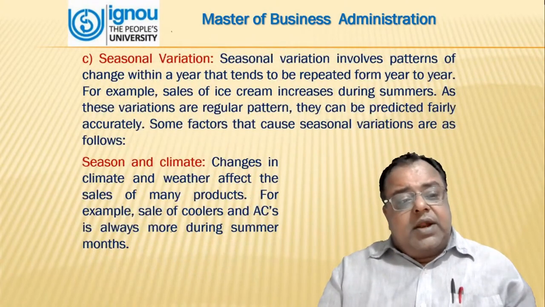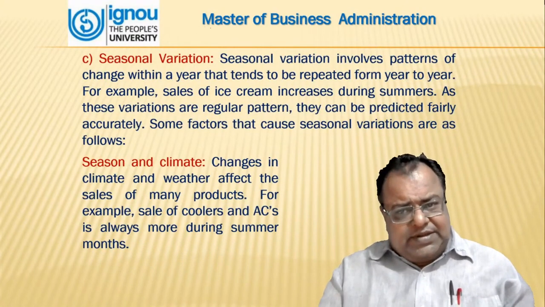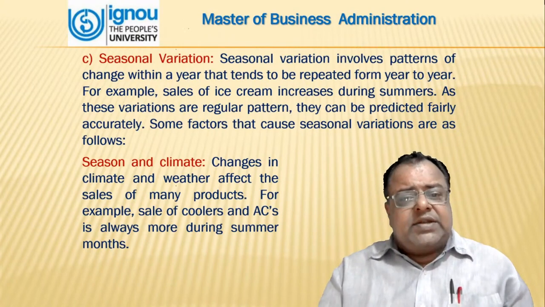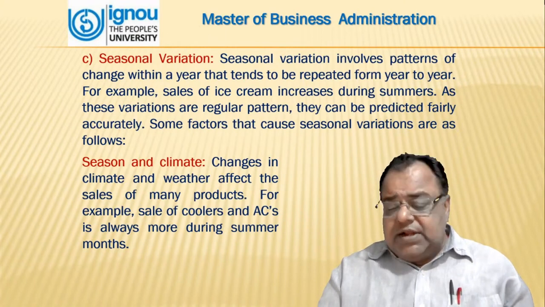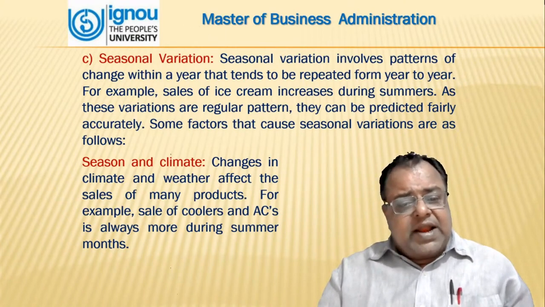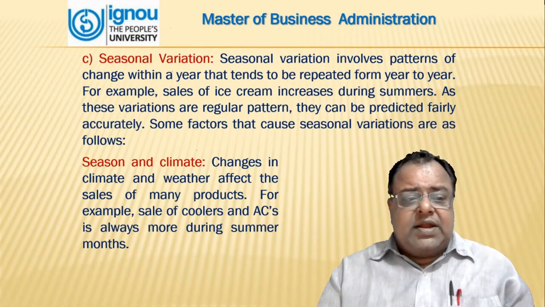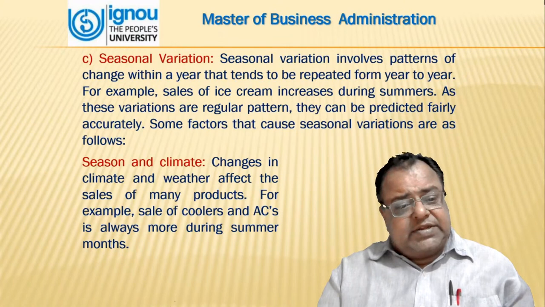Seasonal variations follow a regular pattern within a year, so they can be predicted fairly. Some factors that cause these variations are seasonal and climate changes, which affect the sales of many products.